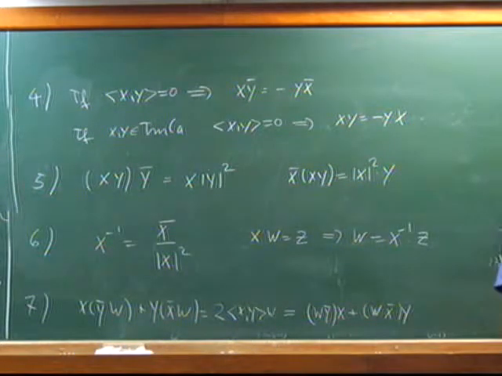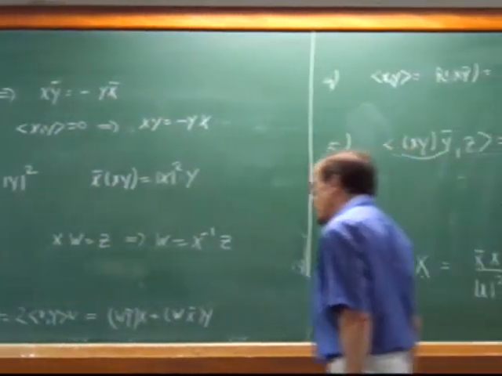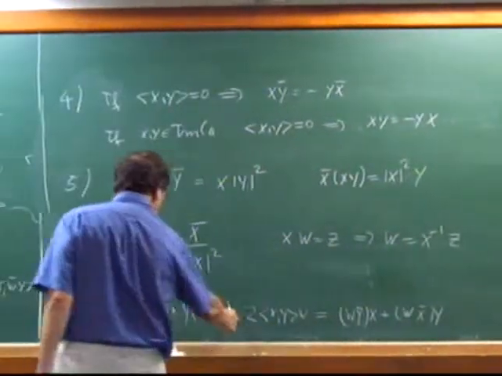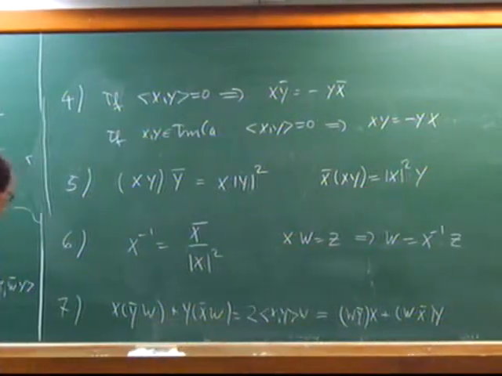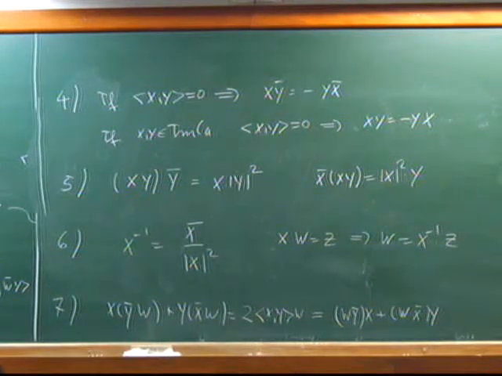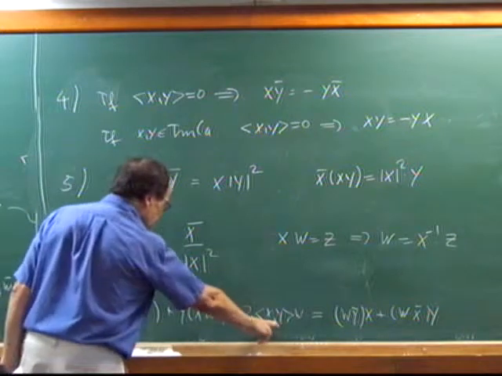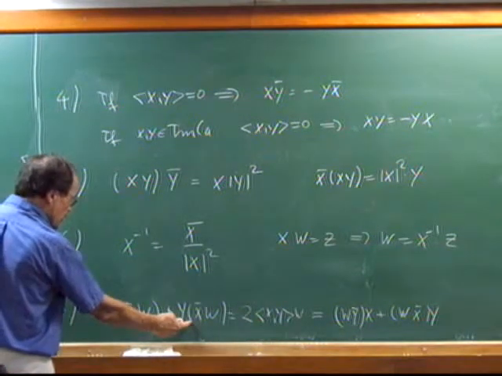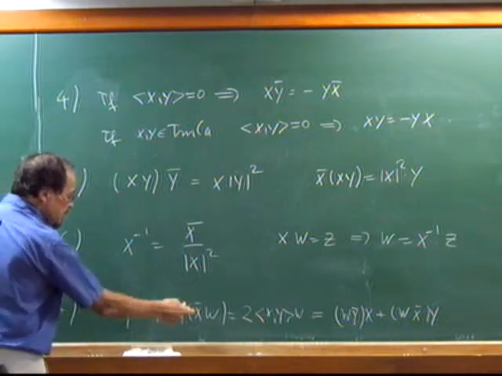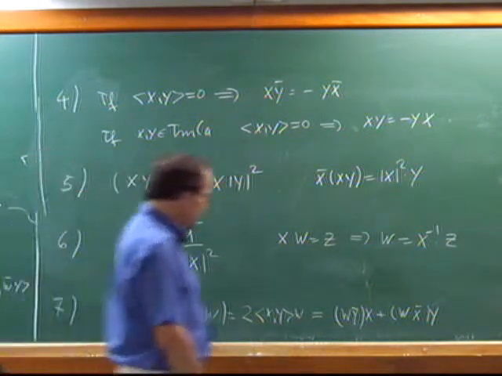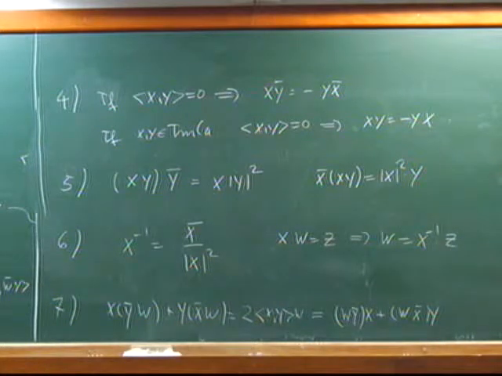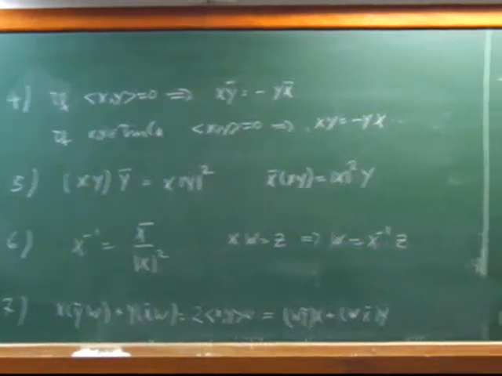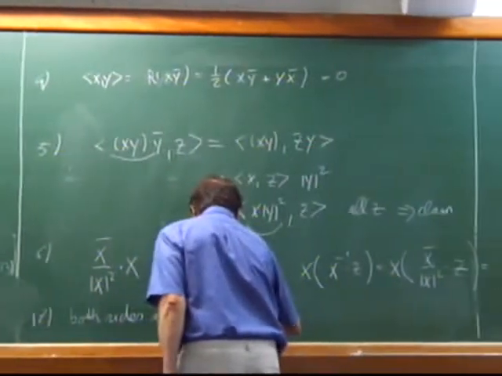7 is also easy, I claim, because notice that, let's concentrate on this equation right here. It's bilinear and symmetric in x and y, I claim. Right hand side, certainly, right? Notice here, if I switch x and y, this term becomes this term. Therefore, the sum is symmetric and bilinear. So both sides are symmetric plus bilinear.